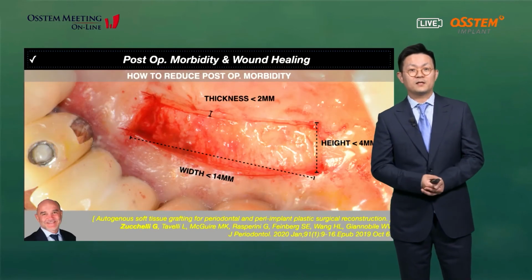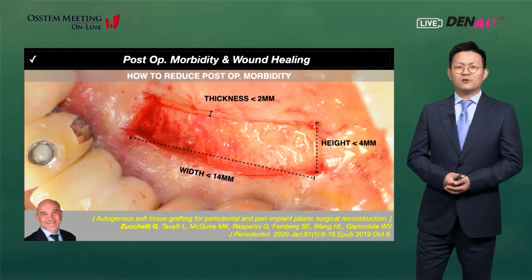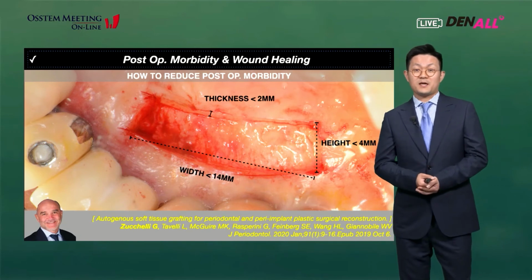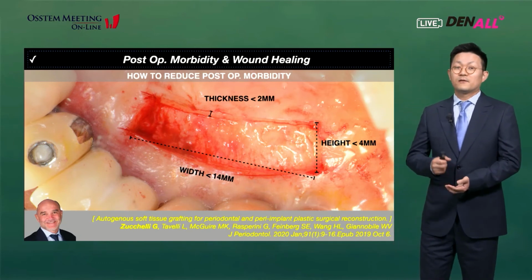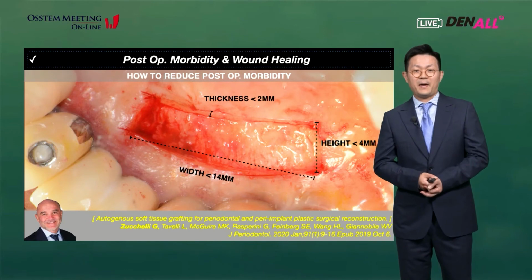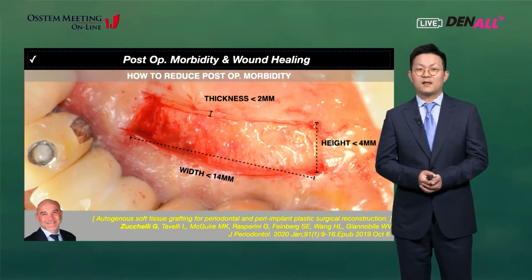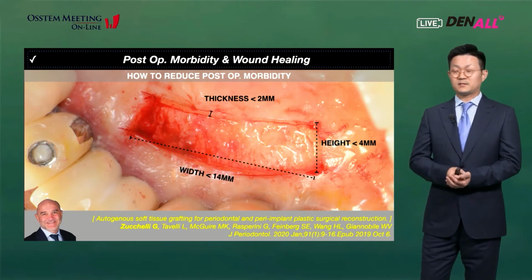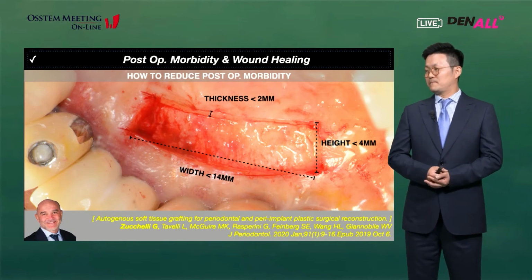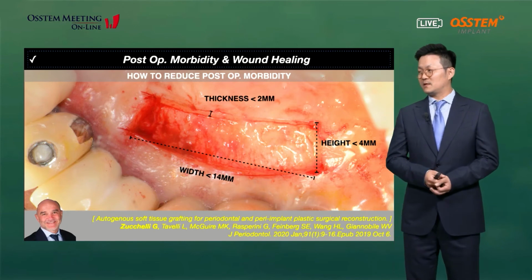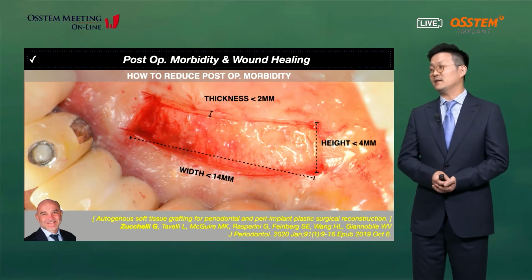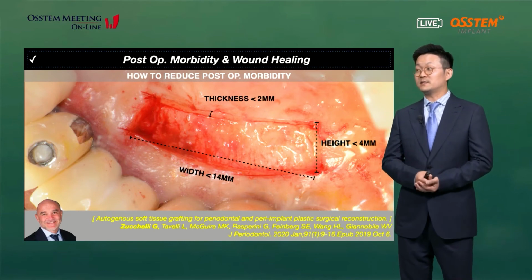Dr. Giucelli told how to reduce post-operative morbidity in his article that for less morbidity and pain, we have to harvest graft tissue from the donor side less than 14 mm in width, less than 4 mm in height and less than 2 mm in thickness.